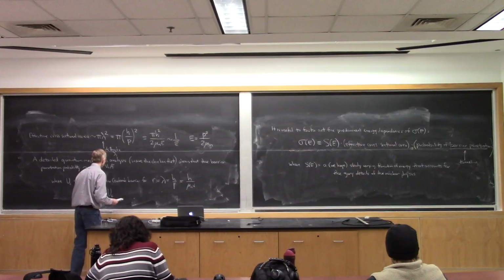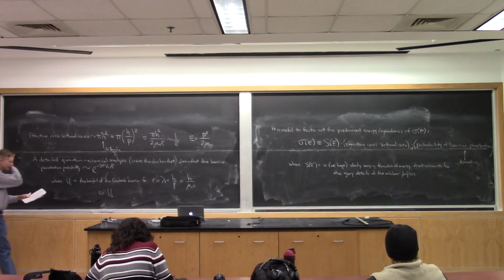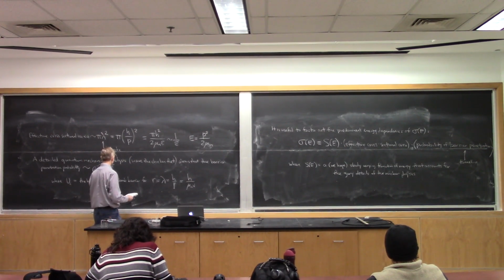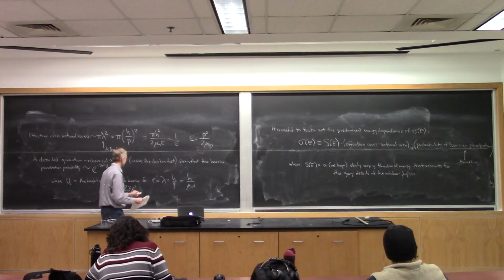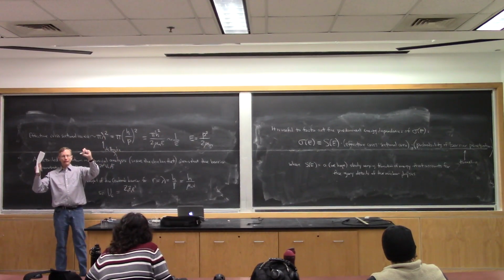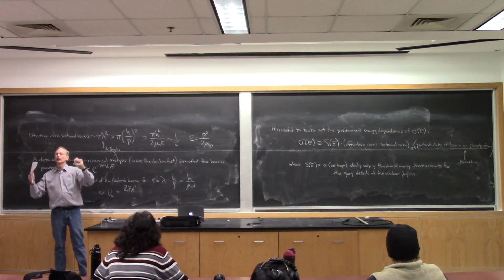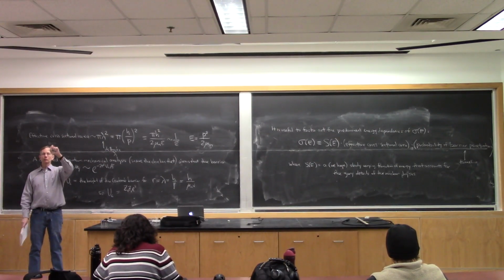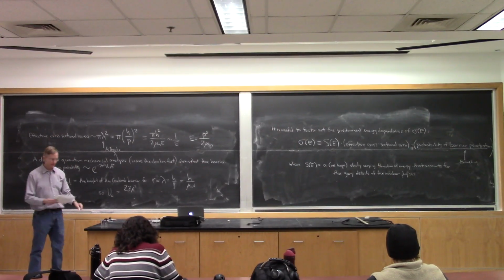Plugging into the formula for the Coulomb barrier, U c is going to involve Z1 Z2 e squared, because the two particles have charges Z1 e and Z2 e. Remember, the Coulomb potential energy is Q1 Q2 over 4 pi epsilon naught R.